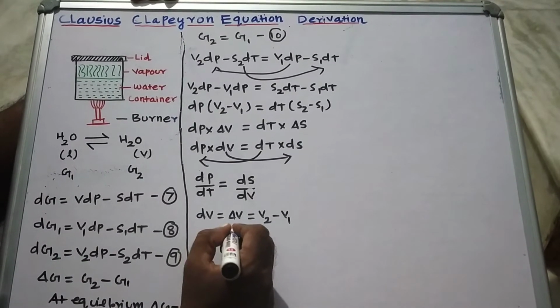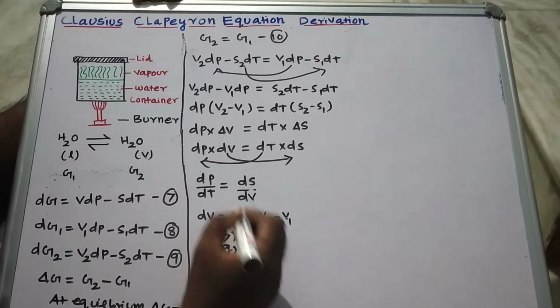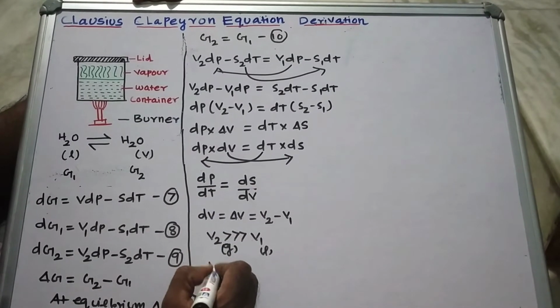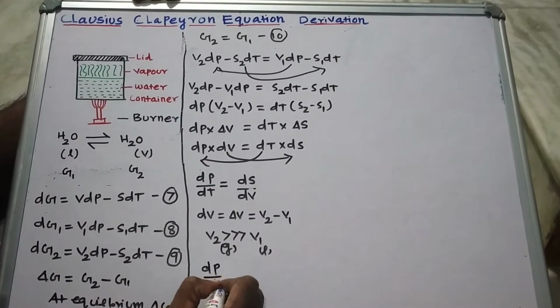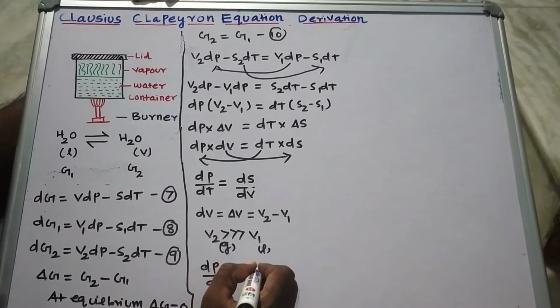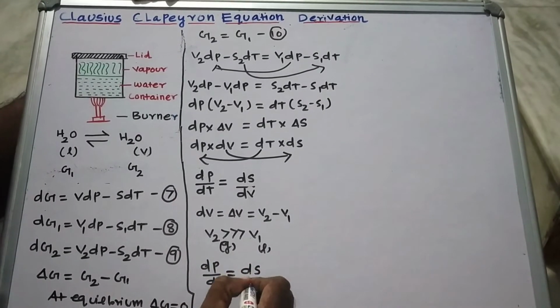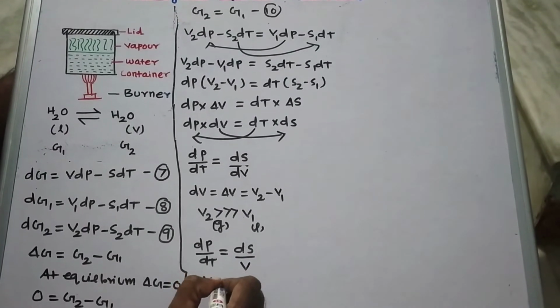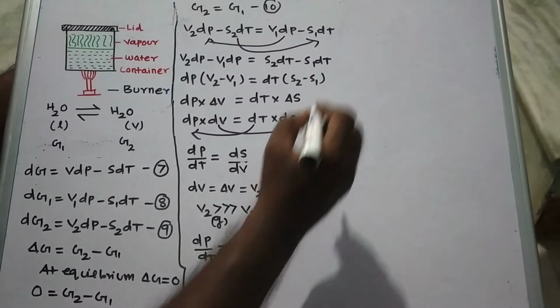Let us compare the two values. V2 is far greater. So this equation becomes dP by dT is equal to delta S by V. Here V2 is equal to V.